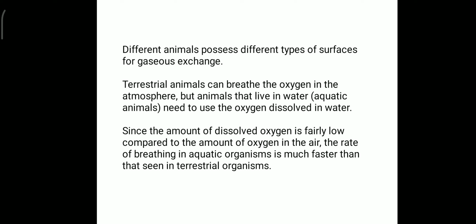So aquatic animals have to do the respiration much faster than terrestrial animals. This is because the oxygen present in the atmosphere is more than the dissolved oxygen present in the water.